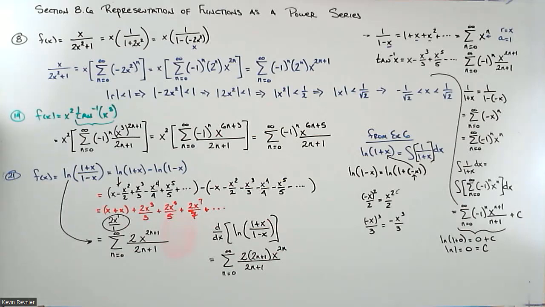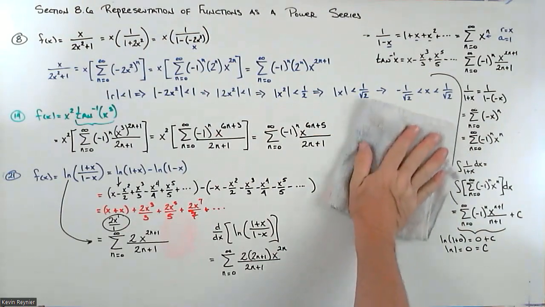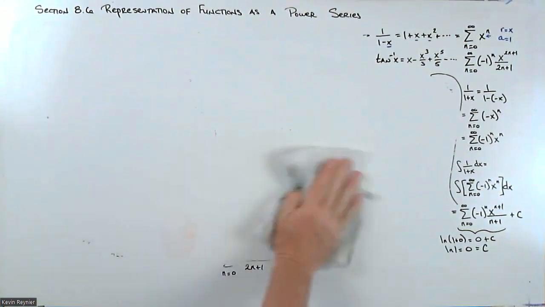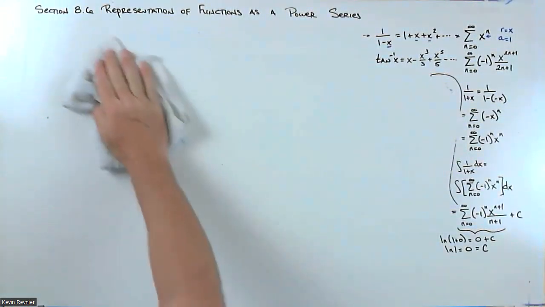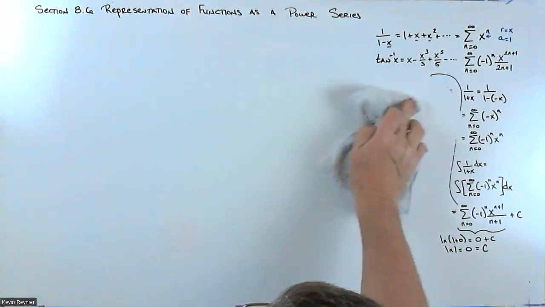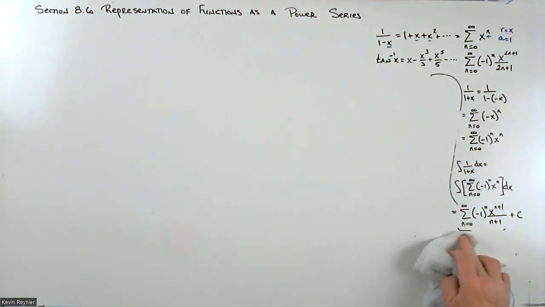The next one I'm going to work on, I'm going to clean this off here. The next one I'm going to work on is 26. We'll leave that part over there for reference. So that was problem 21.